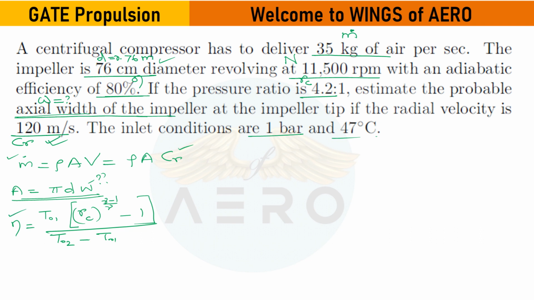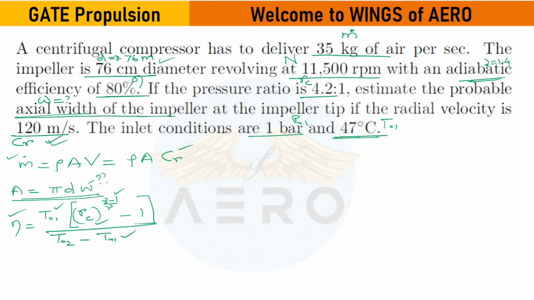Pressure ratio is also known, as it is an adiabatic condition, gamma is 1.4. So we can find this T naught 2. The inlet value which they have given is T naught 1. Let's consider this P naught 1, so this is also known.